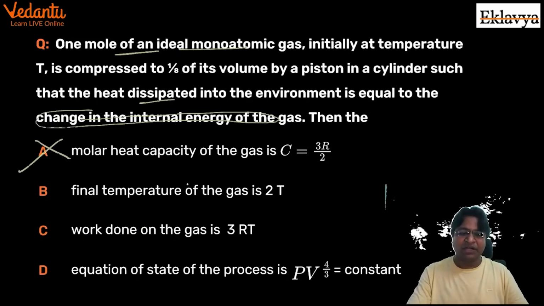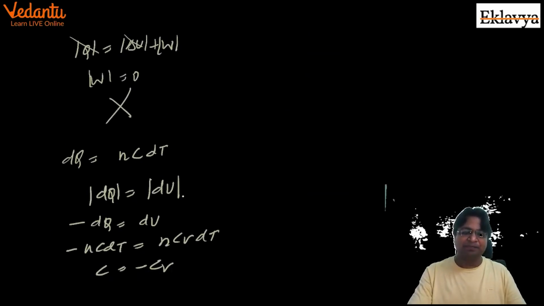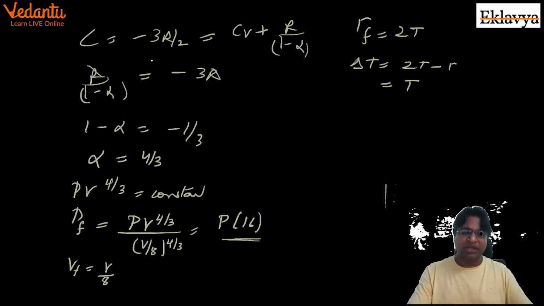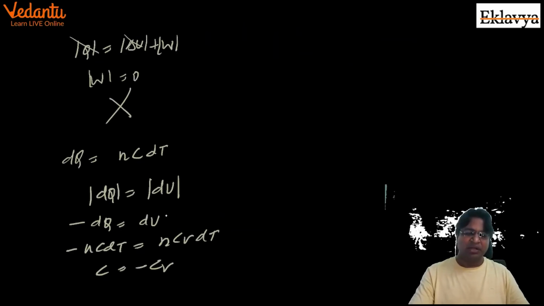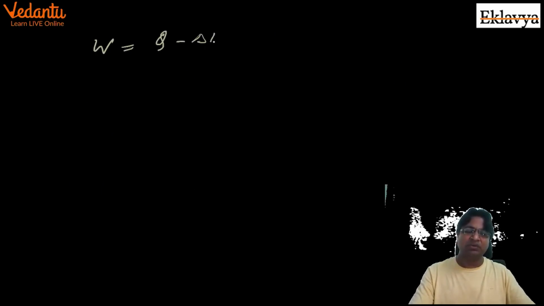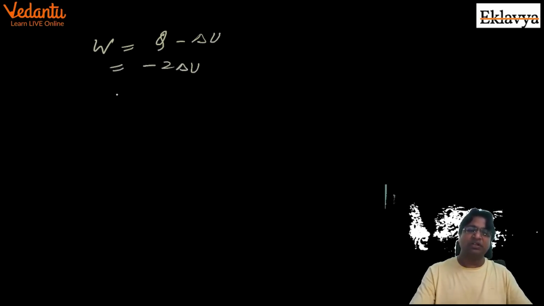Now let's read the options. So final temperature of the gas is 2T. This is correct. Work done by the gas is 3RT. So how do we write work done? The first law of thermodynamics tells us that work would be equal to Q minus delta U. Q is negative, and it is equal in magnitude to delta U. So this is minus 2 delta U. This is work done by the gas.